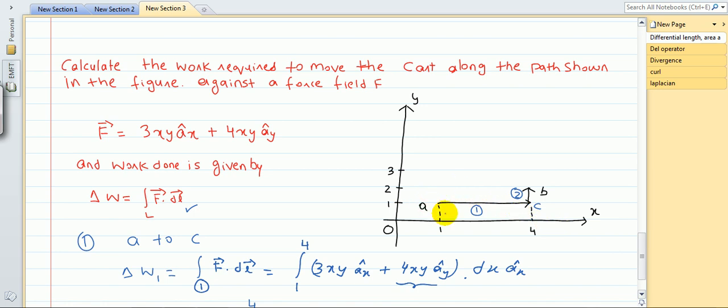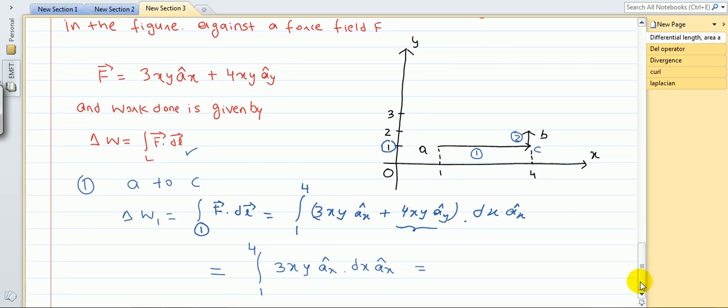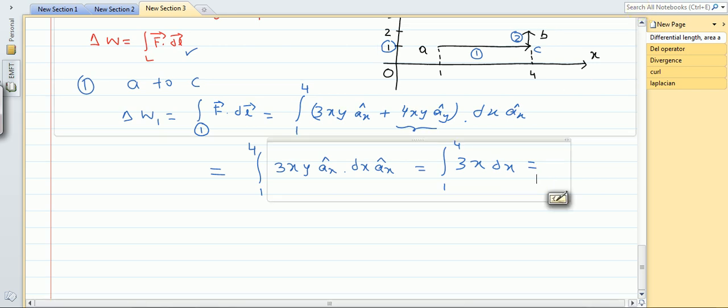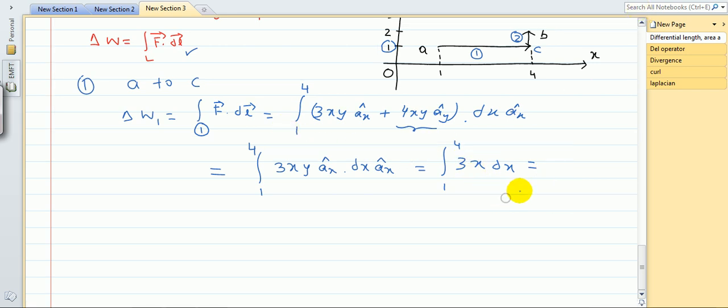So y is constant for path 1. It is 1. So we can use the value of y as 1. If I put y equals 1 here, the remaining part will be the integration of 3x dx from 1 to 4, and if I solve this, I will get 45 by 2. So this is my delta W for the first part.